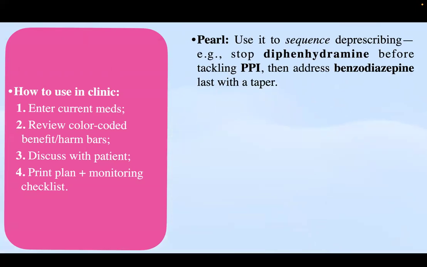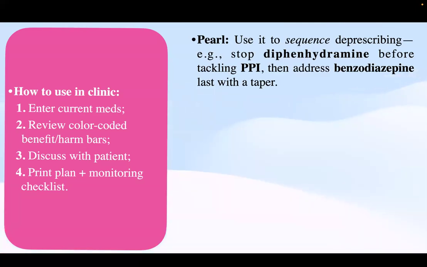So what does this sentence mean? This is very important. If you are using Beers criteria, STOPP and START criteria, and Med Stopper in a single use, that is the meaning of this sentence. That sentence is basically describing the deprescribing order of priority for a patient on multiple risky drugs.